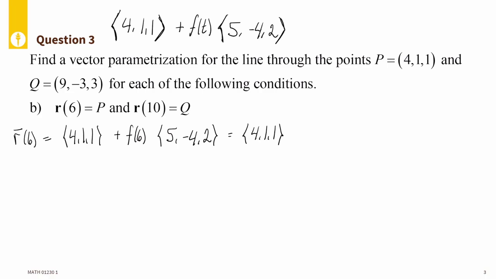So if R of 6 is representing P, then R of 6 would just equal the vector 4, 1, 1. Which again, you should be able to see f of 6 would have to be 0.